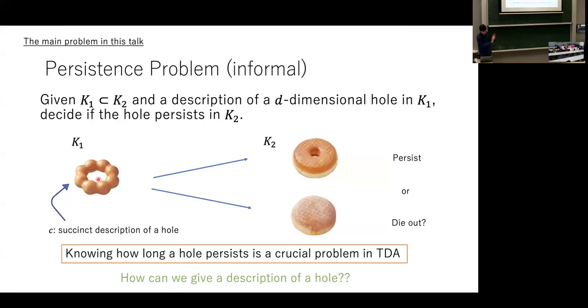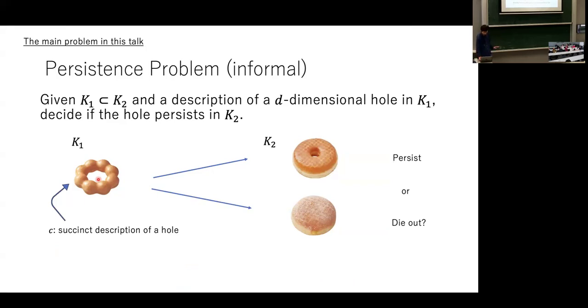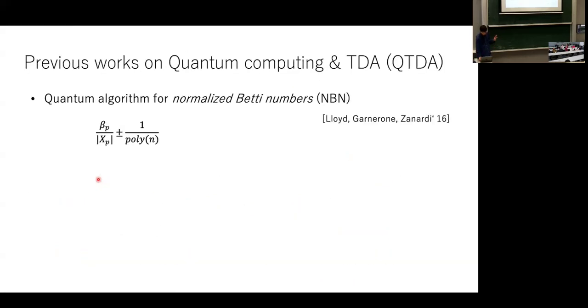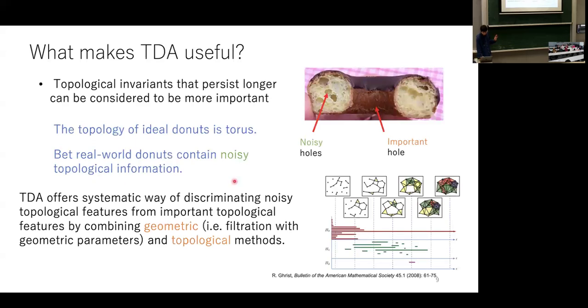So in this picture, the meaning of how long is not included, but if you look at this kind of picture, maybe there are many sequences of simplicial complexes, and the length of this bar can be considered as the length of persistence.